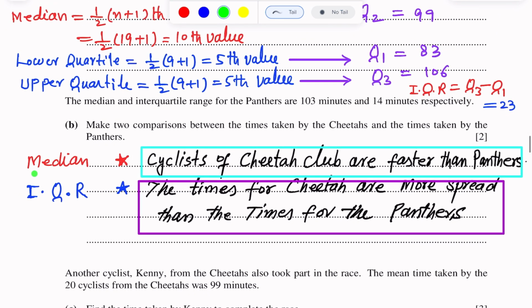So median lies in the central tendency. We will compare the central tendency. The median shows the central tendency, and the interquartile range shows the spread of the data.